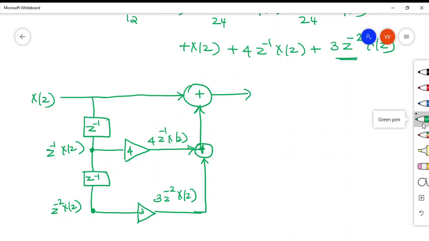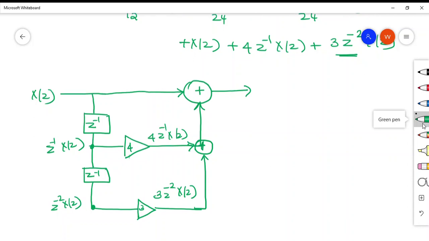Okay, so now what is coming here? Here it is x of z plus 4 z inverse x of z plus 3 z raised to minus 2 x of z. So the x of z part is completed now. Now let's see the y of z part.